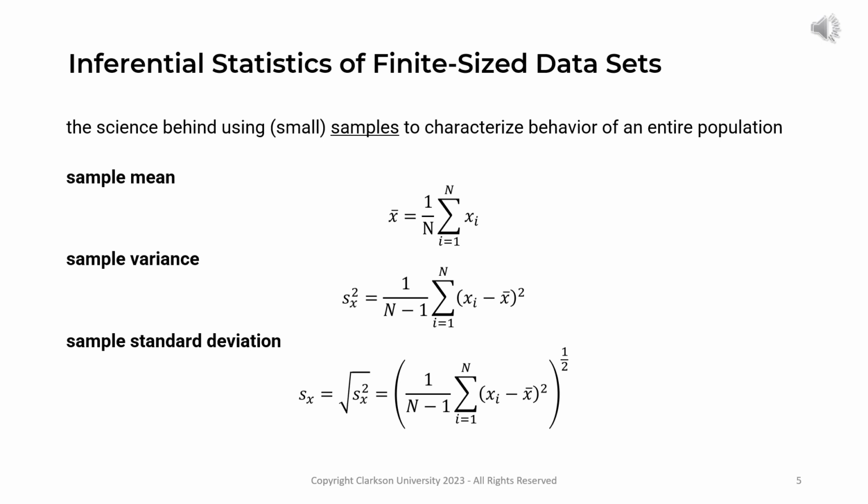Finite-sized data sets provide the statistical estimates known as sample mean, x bar, and sample variance, s squared, and its outcome, the sample standard deviation. The quantity in parentheses, x i minus x bar, is called the deviation. The sample mean value provides a probable estimate of the true mean value, x prime.